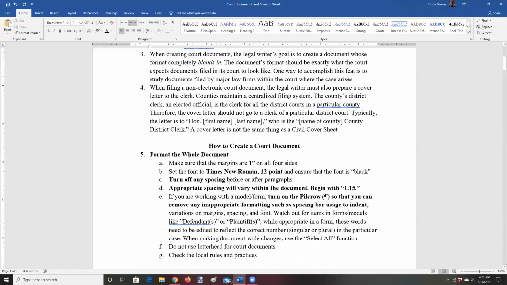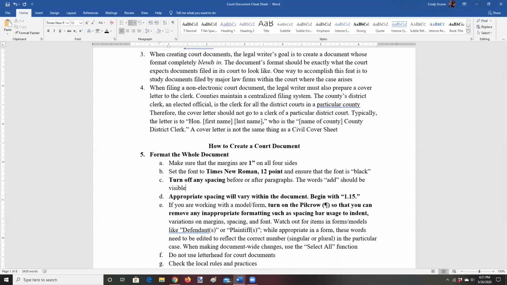I'm going to turn off any spacing before or after paragraphs, so the words add should be visible. There we go.